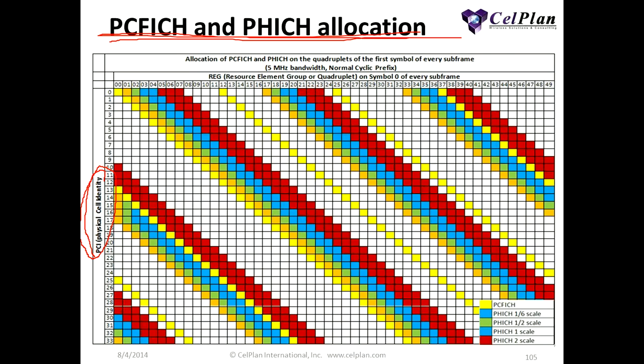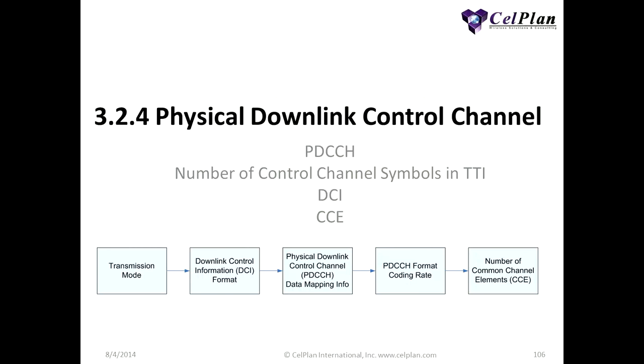So that's why what we show here is, suppose for PCI 0, that's how it will look, but for PCI 1 you can see that it is shifted by 1. The yellow ones are the PCFICH, and the other ones are the PHICH from 1, 2, 3, 4, 5 channels.